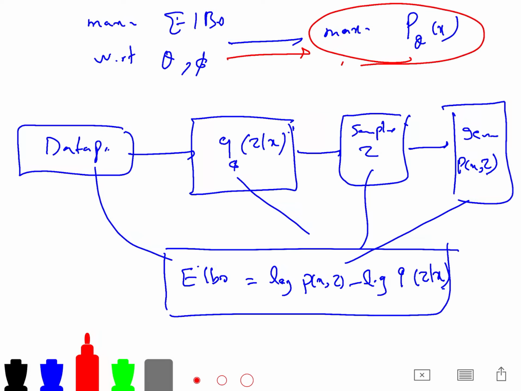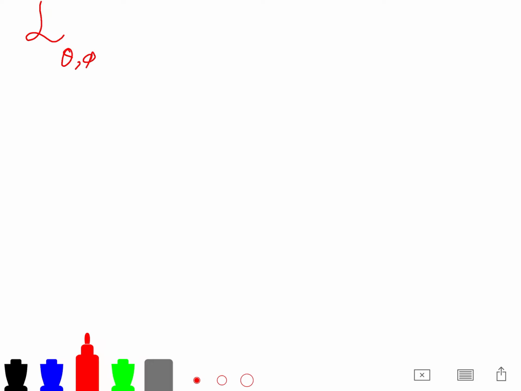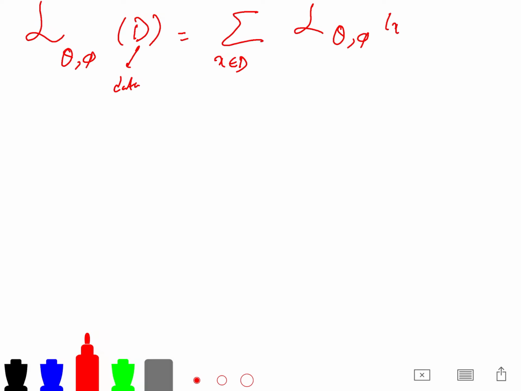And you can do it using stochastic gradient optimization. And your L of theta and phi of your data is the sum over x for the individual points, L theta phi and x. So the individual data point elbow and its gradient is in general intractable.